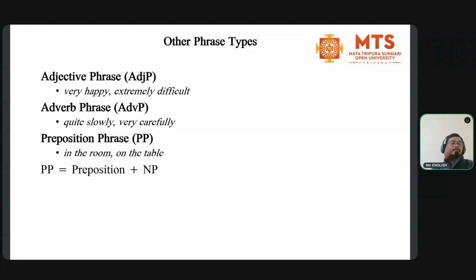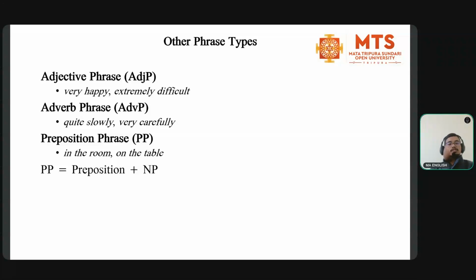So an adjective phrase is headed by an adjective, right? Examples include very happy, extremely difficult, as you can see on the slide. These phrases describe nouns, right? An adverb phrase is headed by an adverb. Examples like quite slowly or very carefully.